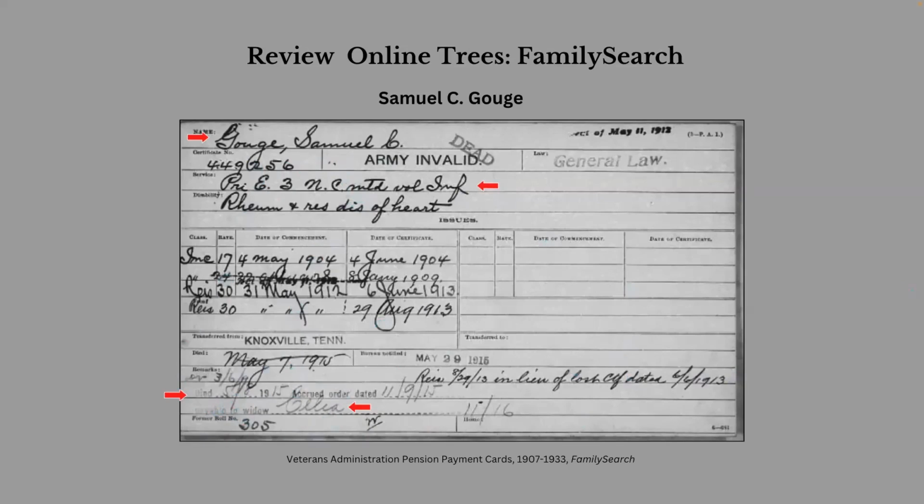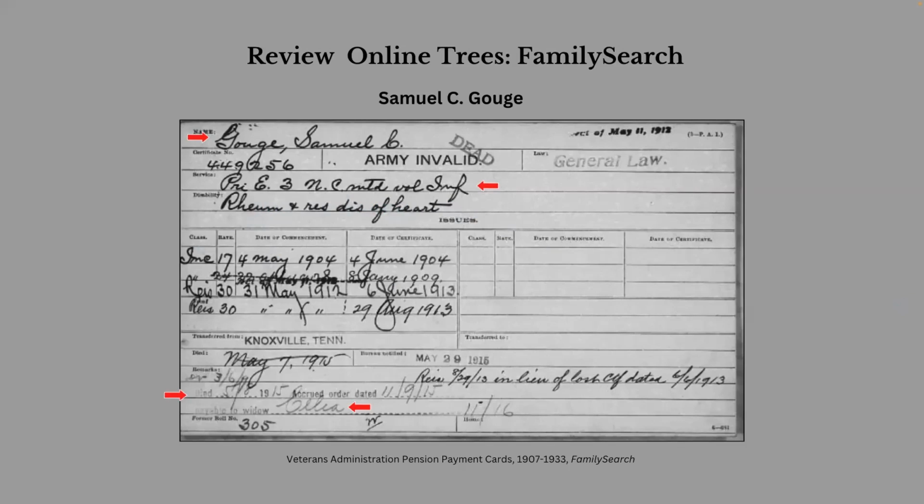So in FamilySearch Online Tree, I discovered this pension payment card. This is a pension payment card, which is fantastic because it shows that he was a private in Company E of the 3rd North Carolina Mounted Volunteer Infantry. It doesn't say if he fought for the Union or the Confederacy.